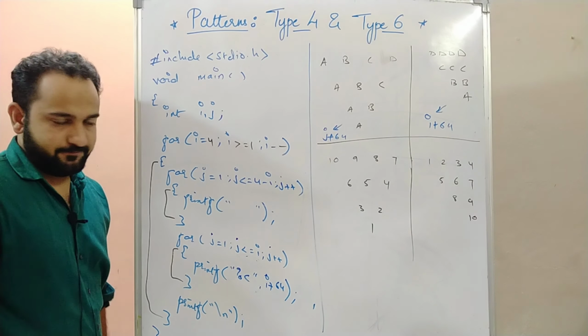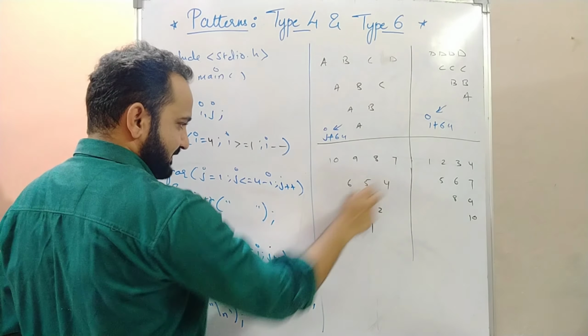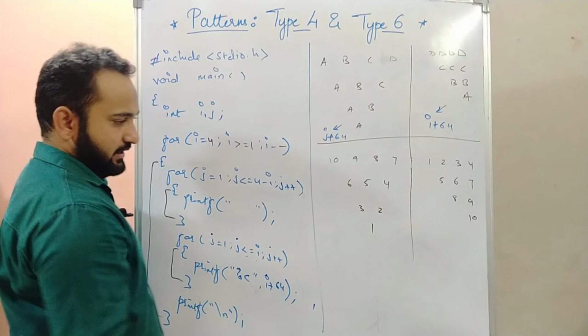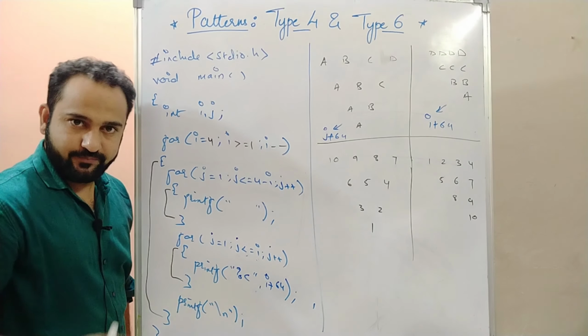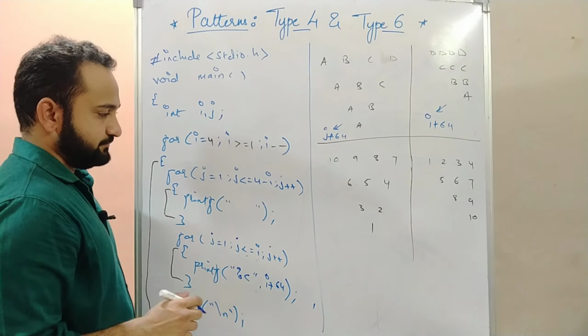Tell me about the third pattern. It's 10, 9, 8, 7, 6, 5, 4, 3, 2, 1. It's an inverted pyramid. It's not the value of i or j, we have to take k there. So here we'll have k. What should we initialize k to? We need to initialize k to 10 because we are starting from 10.